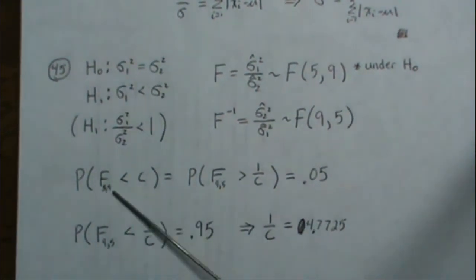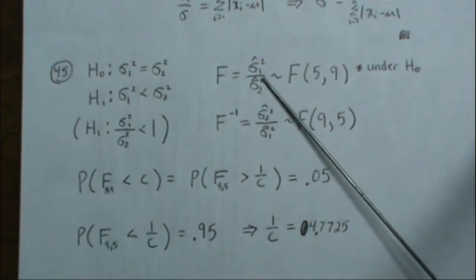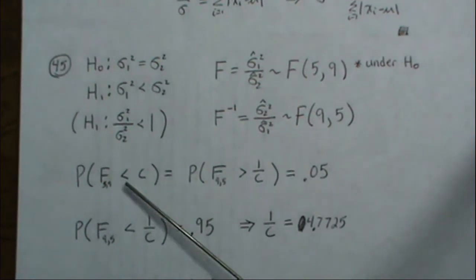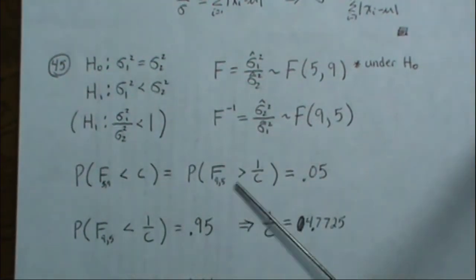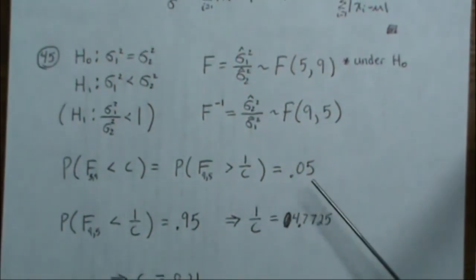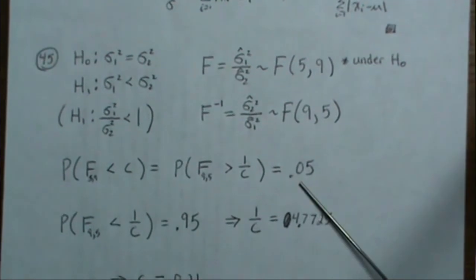So if we flip this, this is our test statistic. When we flip, the inequality changes, but then this is an F distribution with 5 and 9. So we're in this setting, and this is 0.05.